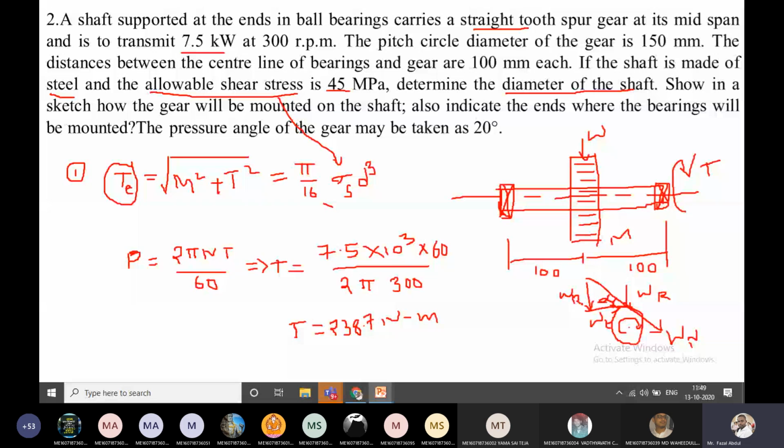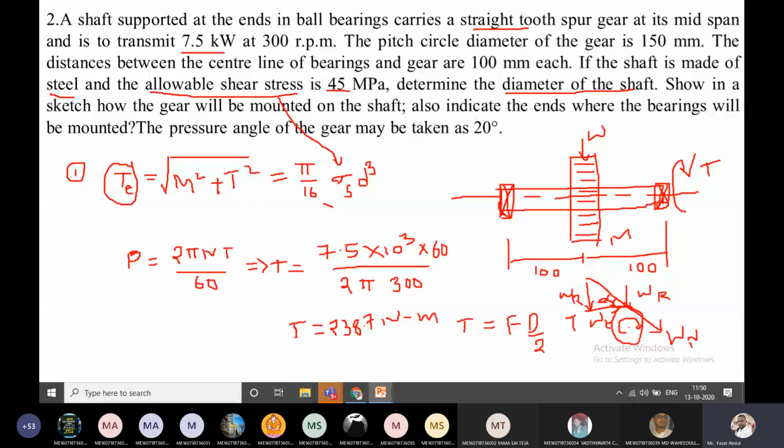Before that, torque equals force into perpendicular distance. Perpendicular distance is nothing but D by 2, which is the radius.